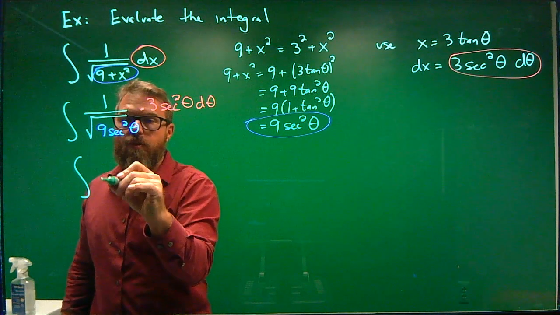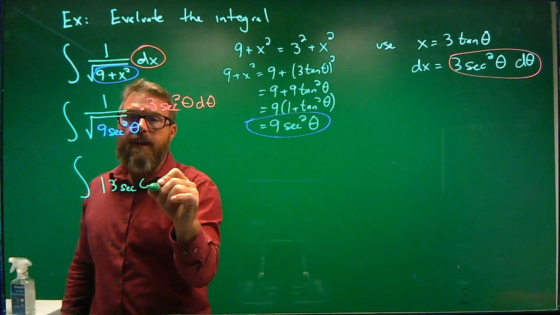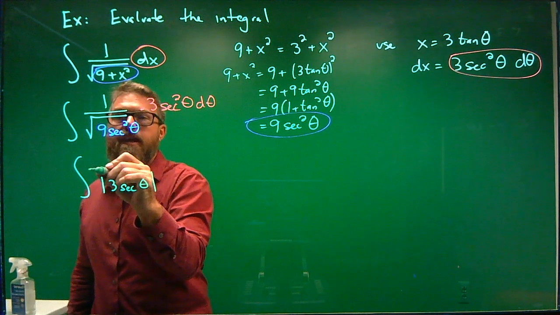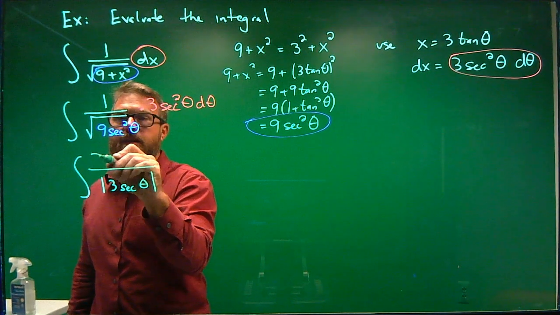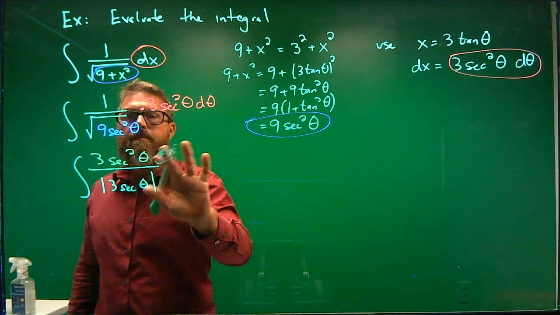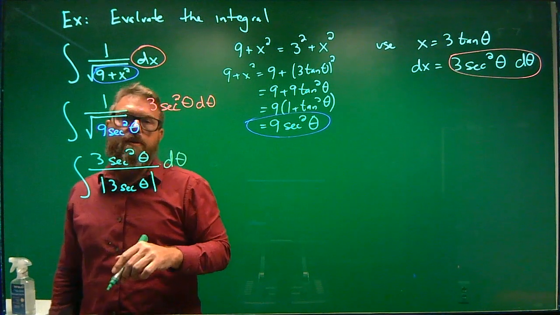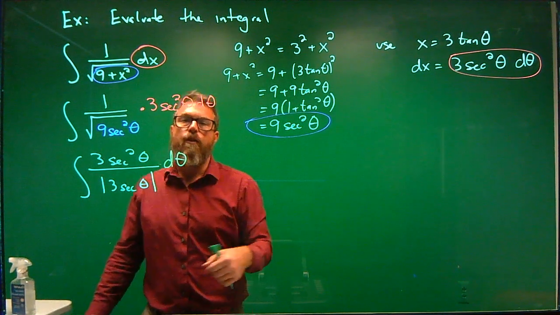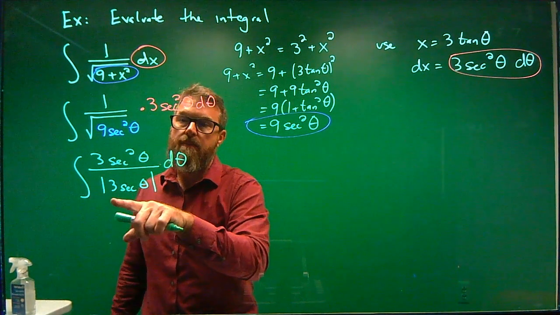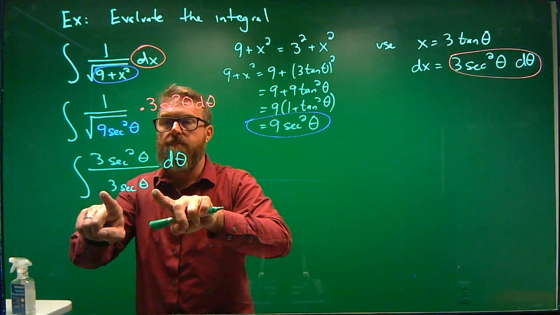So we do know that this is going to be 3 secant of theta in absolute value, and then the top is going to be equal to 3 secant squared of theta d theta. Now what we're going to assume is that the interval for which you're integrating is going to verify that this part is positive, so we're just going to drop the absolute values here.